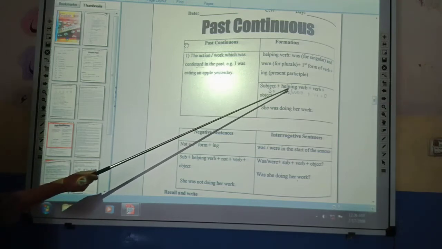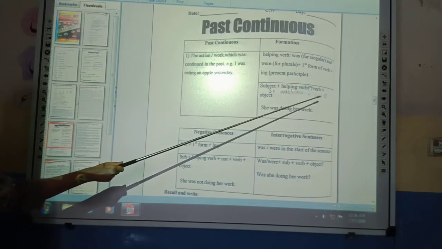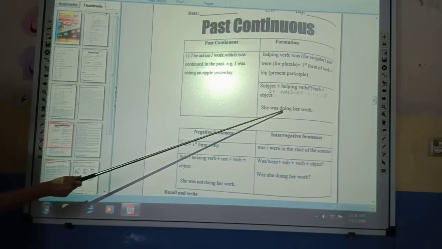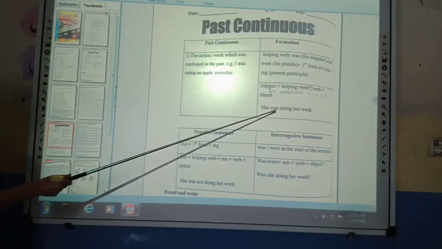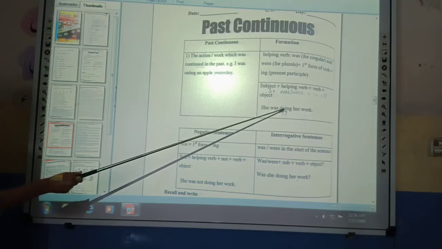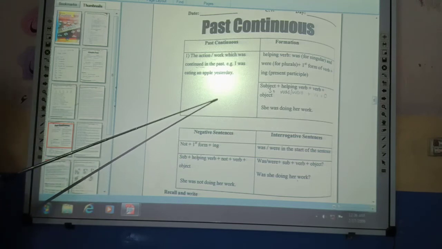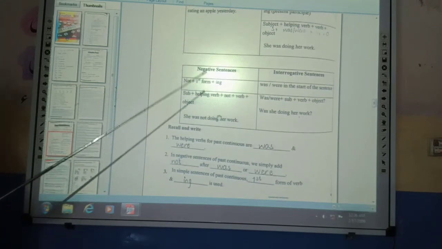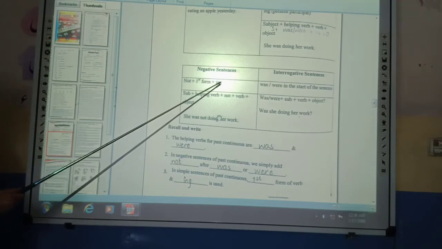Subject plus helping verb, that is was or were, plus first form of verb plus object. She was doing her work. She, subject; helping verb was; plus first form of verb do plus ing, present participle; plus object. Negative sentences: simply add not, plus first form of verb plus ing.